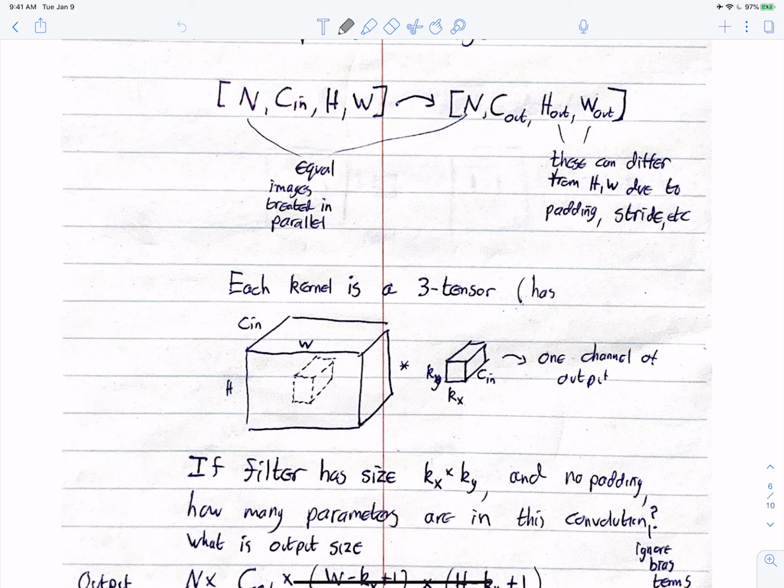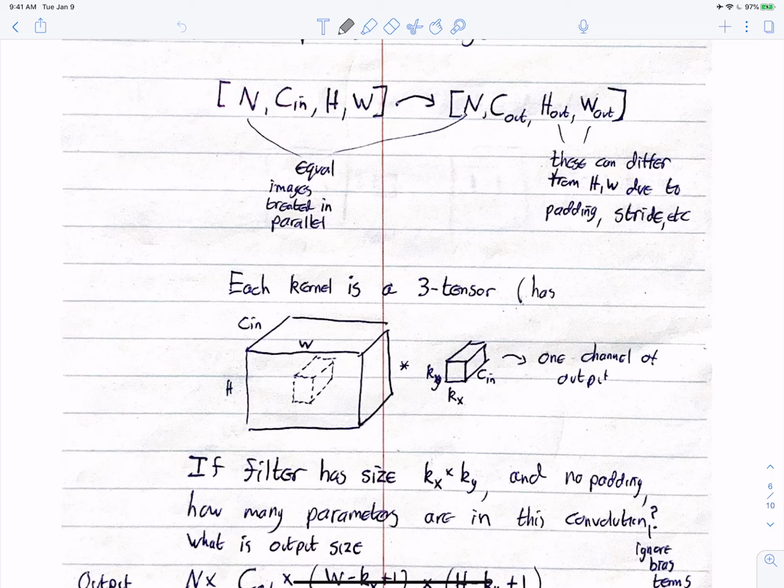A single image in the batch gives us this 3D volume of height by width by Cin. Then we have a convolutional kernel with, say, height and width kx and ky, and the number of channels has to be Cin. This gives one channel of output.